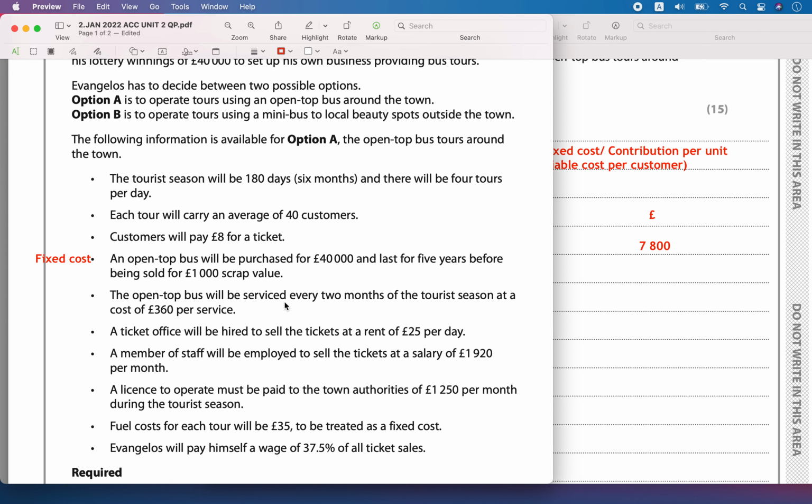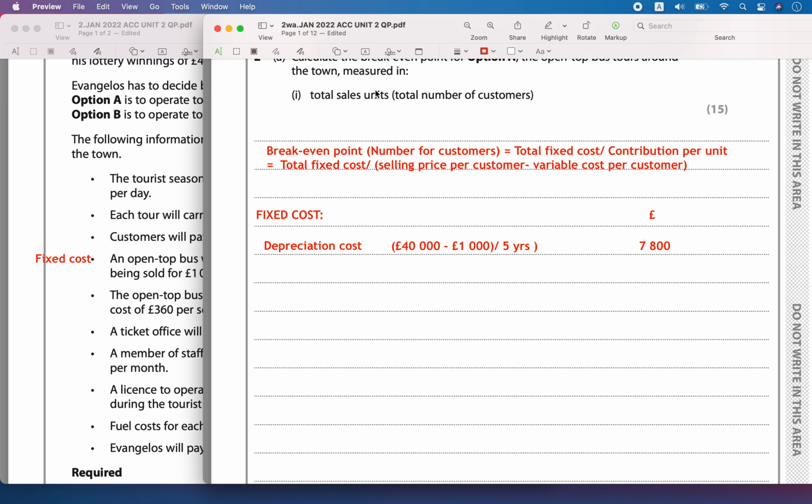Next one, the open top bus will be serviced every 2 months of the tourist season at a cost of £360 per service. They are going to operate 6 months, so every 2 months means 3 services.